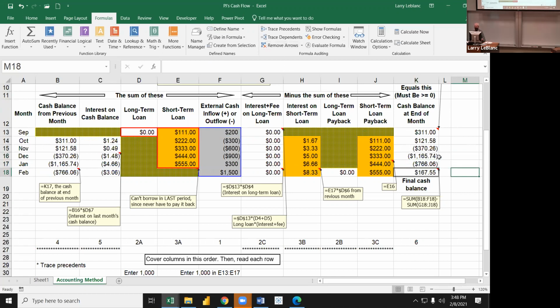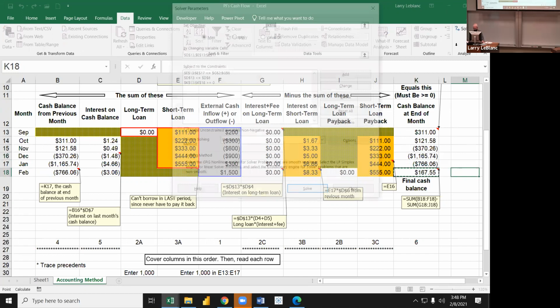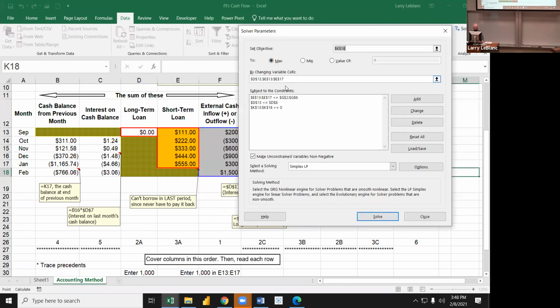That's what I want to maximize. Let's look at Solver. The changing cells are D13 and E13 to 17.